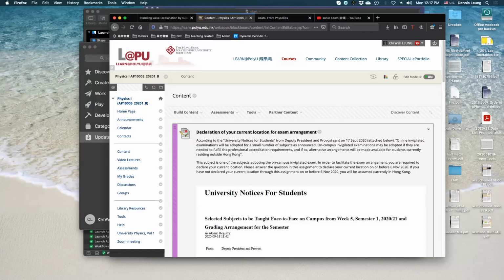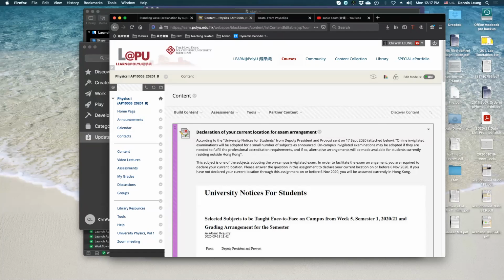You would have received the date of the examination from AR already by email. Because of the accreditation requirement for the engineering departments, students would be required to take an examination.